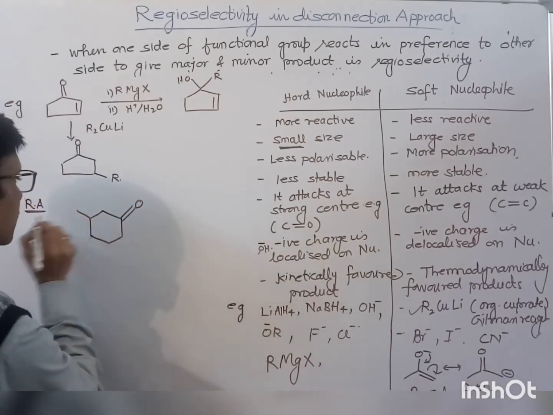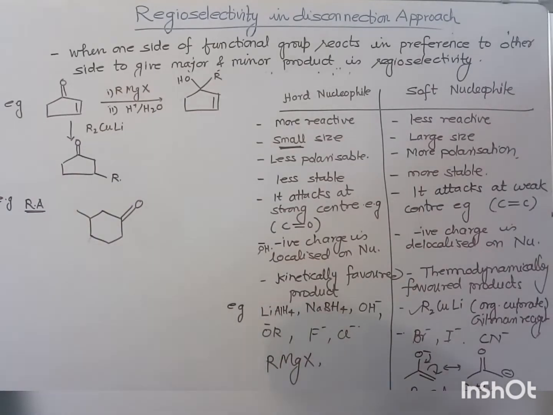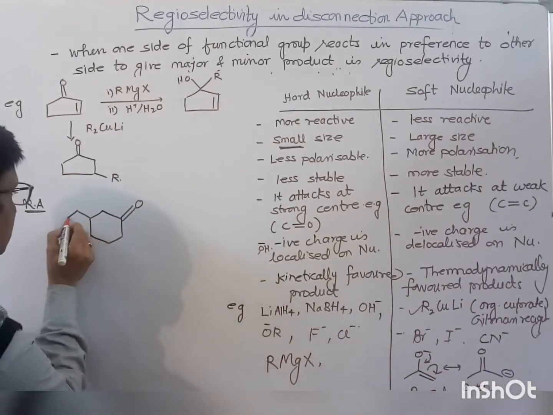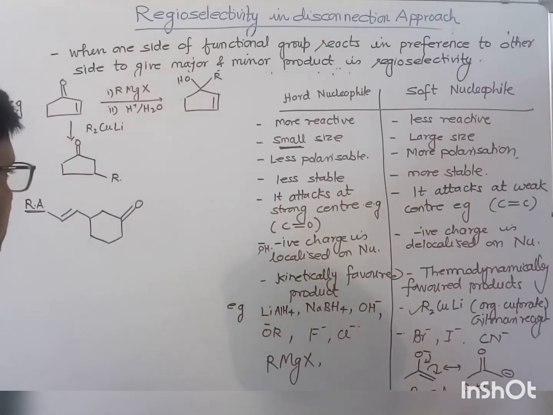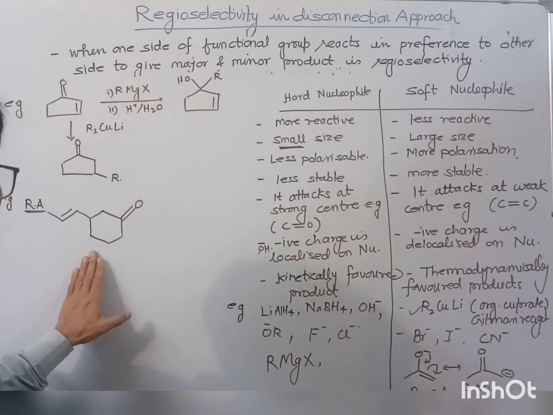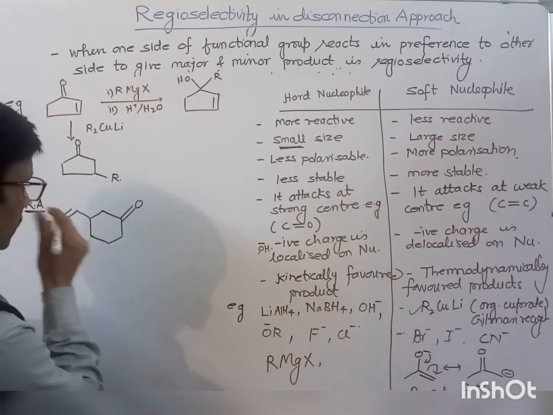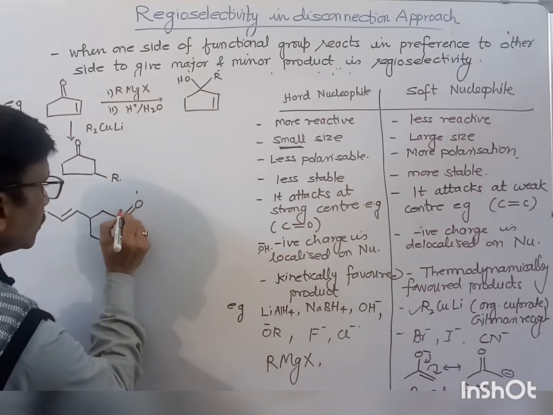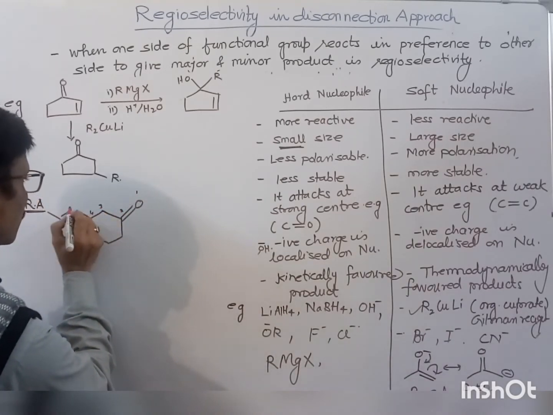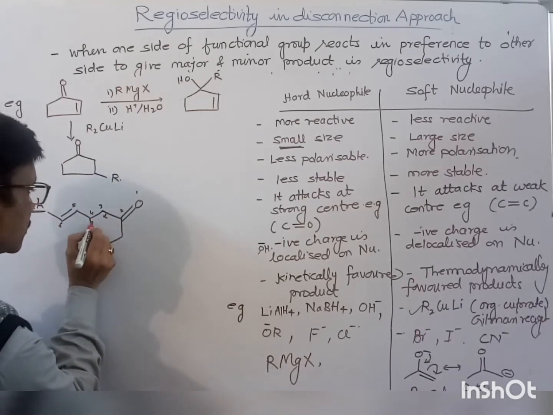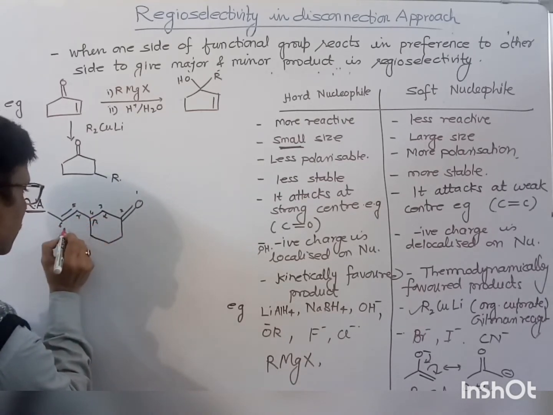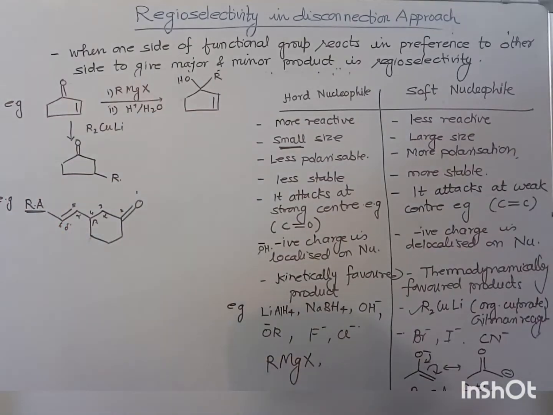I am taking the example of a gamma delta unsaturated ketone. Let's see the disconnection of this. This is position 1, 2, 3, 4, 5, 6, or otherwise this is the alpha position, this is the beta position, gamma position, and this will be the delta position.